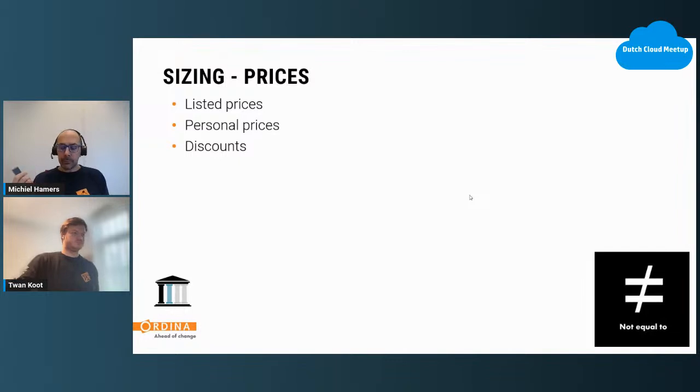So if you have a version 2 virtual machine, for example, while all the rest of the data center in your region is already at version 5, Microsoft will offer you personally via that advisory system a lower price, so that you're also going to switch to the new generation. So keep that in mind, because then you may get lower prices. So it's not always the same list prices for everyone. It's really personal prices and personal discounts.